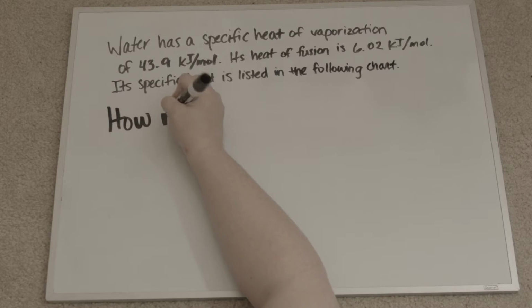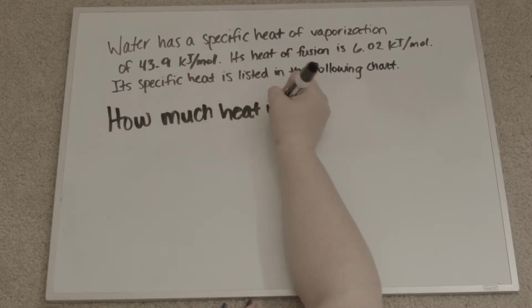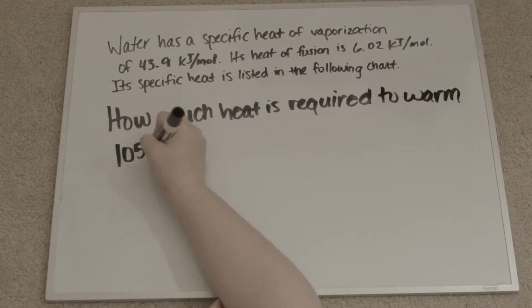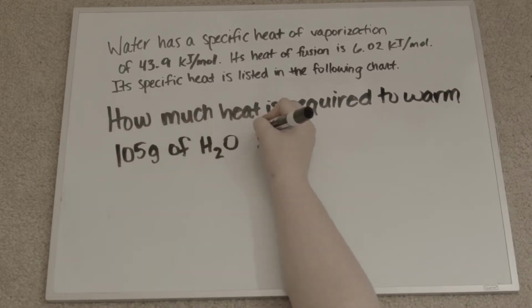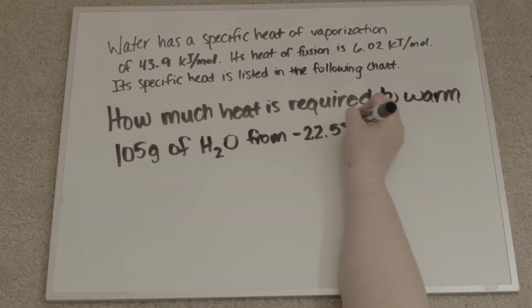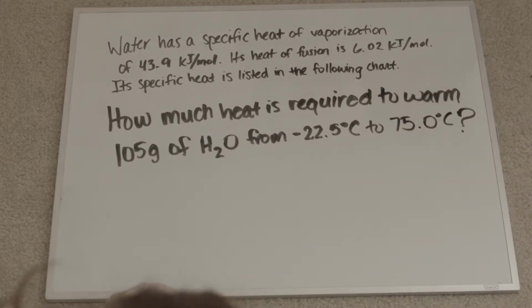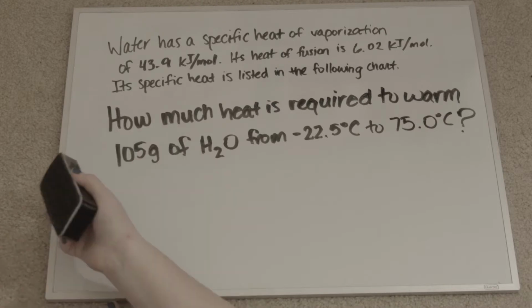So the question we're trying to answer is, how much heat is required to warm 105 grams of water, or H2O, from negative 22.5 degrees Celsius to 75.0 degrees Celsius. So make note of that. That's what you're trying to find out.